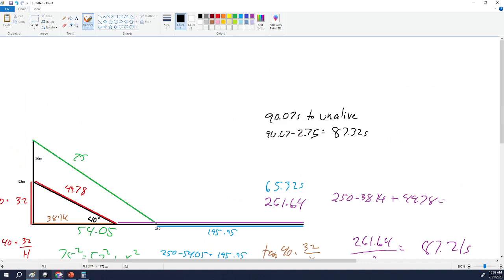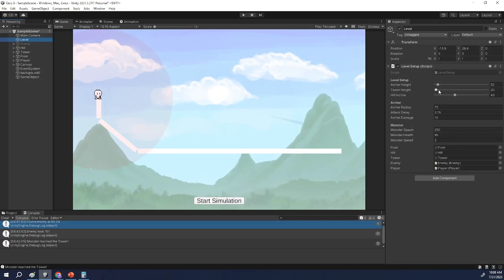I have a simulation here, which basically has the same parameters. You have the height, the archer height, the incline of our hill, our radius, kung saan siya nag-spawn from the base of the tower. So that's all taken into account here.